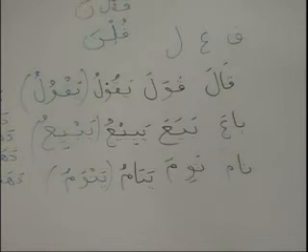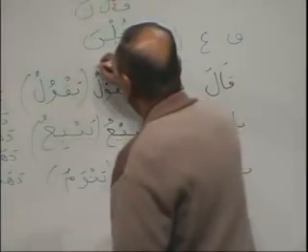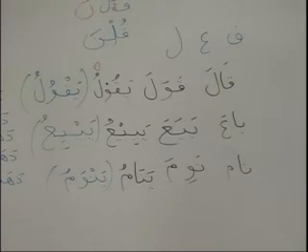Now the problem starts here again. Kala yakulu. Are you with me, brothers and sisters? Now if I want to make this into sakin, majzoom, Sister Hafza, I want to make yakulu into majzoom because lam has come. As soon as I put sukun, there are two sakins now.